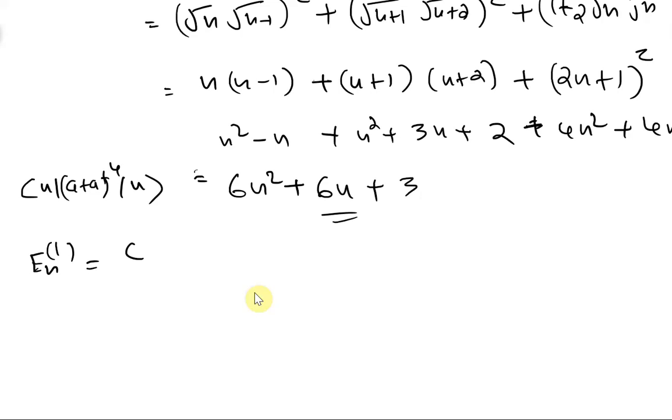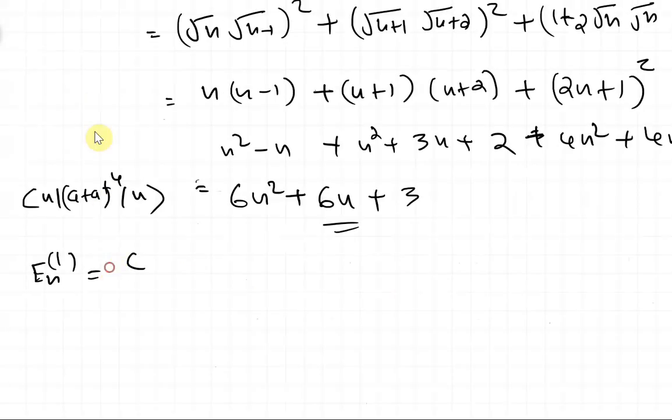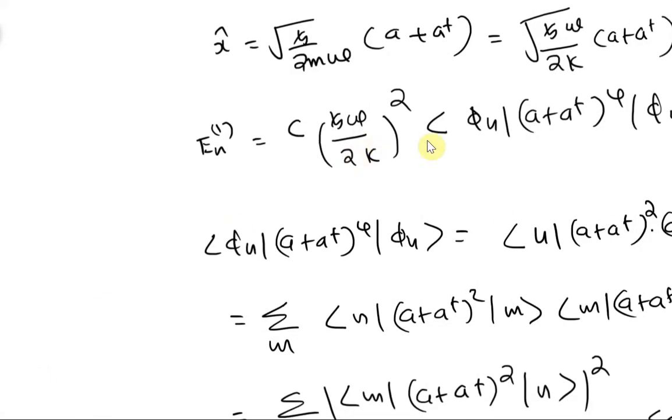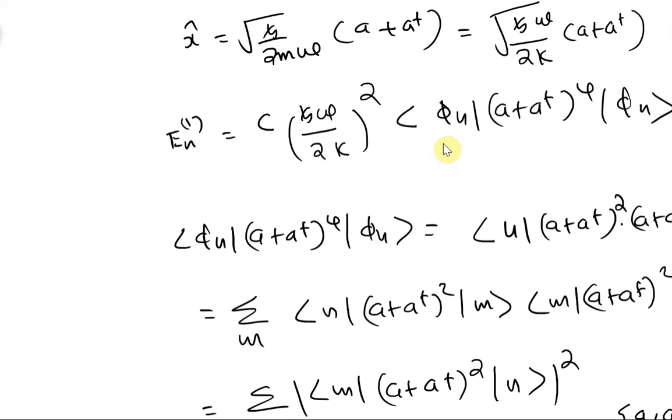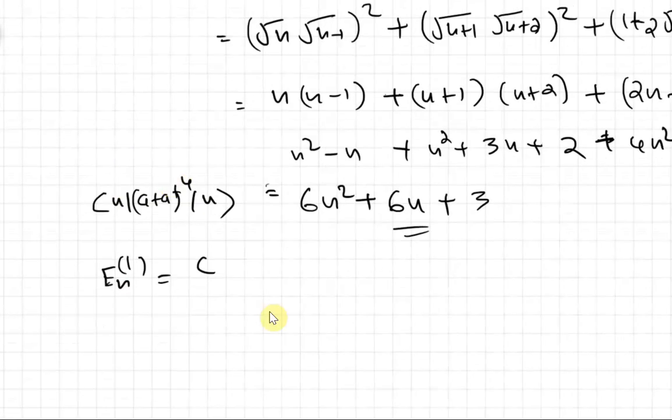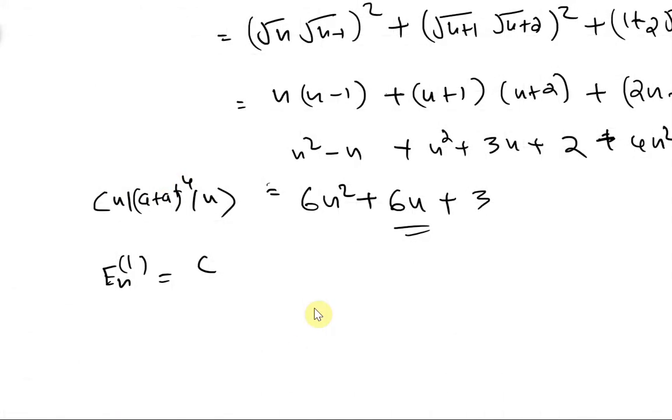What is the constant? ħω square by 2k, right? ħω by 2k whole square into 6n² plus 6n plus 3.